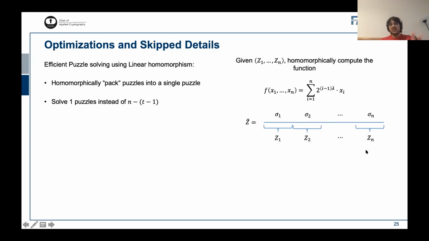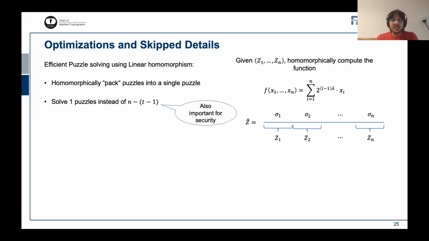So you solve a single puzzle, and you get all the signature shares in a concatenated fashion. I would refer you to the paper if you are interested in more details. We use the Damgard-Urich version of the linearly homomorphic time-lock puzzles to homomorphically pack several plaintexts into this encrypted ciphertext.